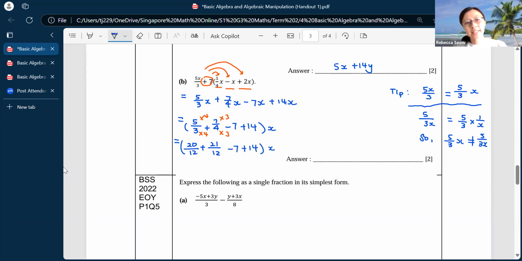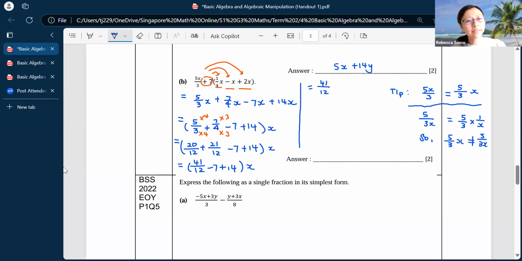I think x. And from here, we will have 41 out of 12 minus 7 plus 14, x. Few steps down the road, 41 out of 12.